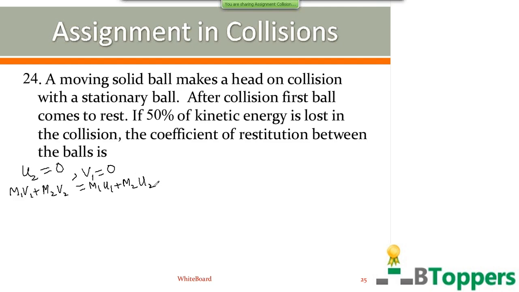This is the equation you can write for all one-dimensional collisions. Here v1 is 0, therefore the first term on the left side becomes 0. u2 is 0, therefore the second term on the right side becomes 0. So you get m2 v2 equal to m1 u1. Call it equation number 1.